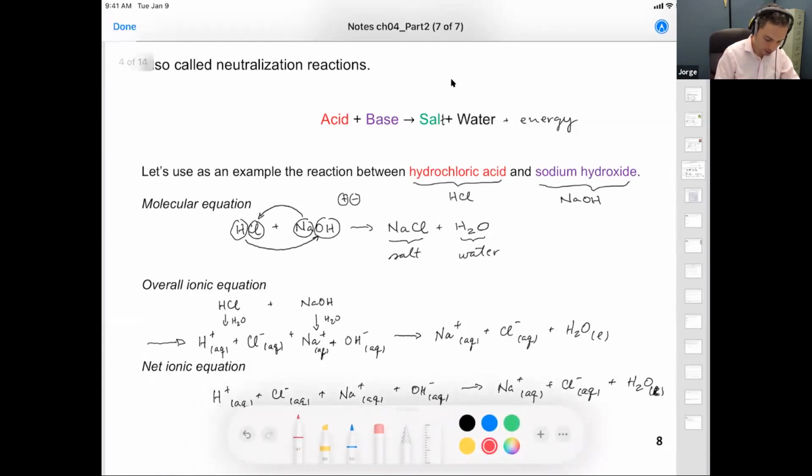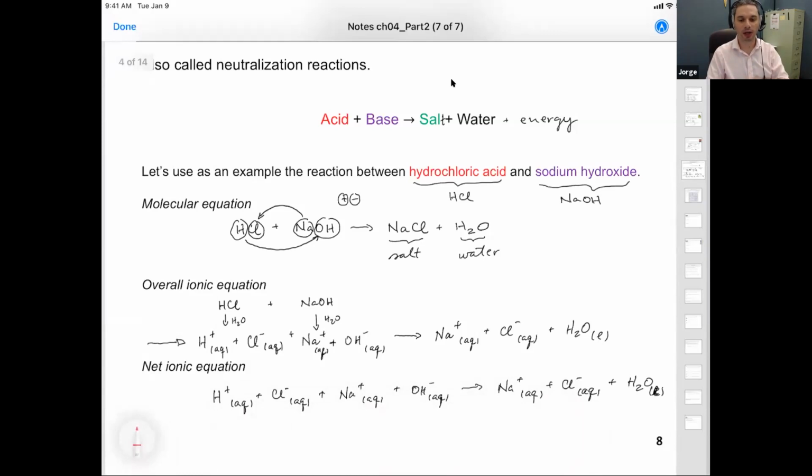For the net ionic equation, we are going to treat this chemical reaction as a mathematical equation, which means any compound that shows up in the reagents and the products will disappear for the net ionic equation. Let's start with Cl-.